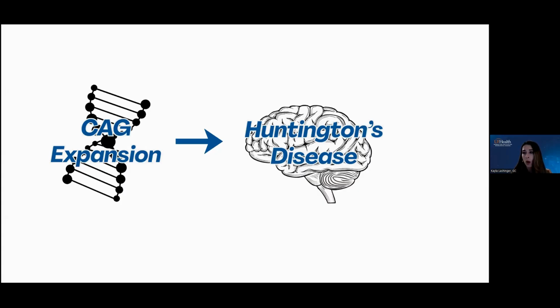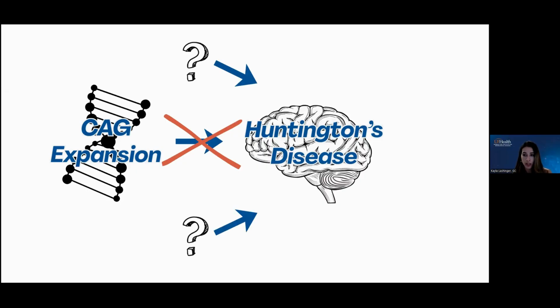So we no longer think that it's just a CAG expansion that causes Huntington's disease. We know that there are several other factors within the Huntington's gene, like I mentioned, and throughout the rest of our genetic code. Genetics is no longer the straightforward process which we think of it to be, and we're learning more about that web that intertangles everything and how the body interacts.